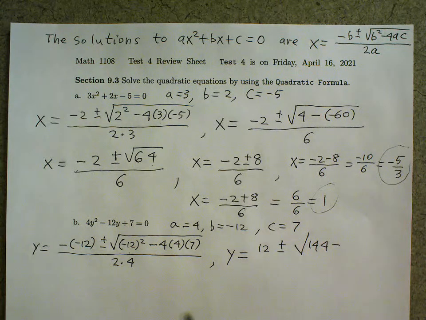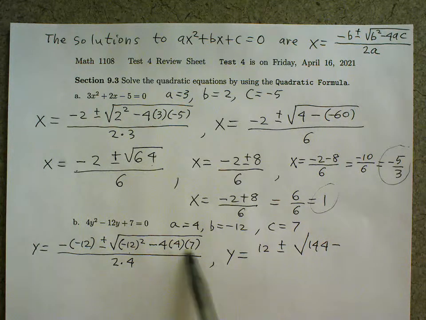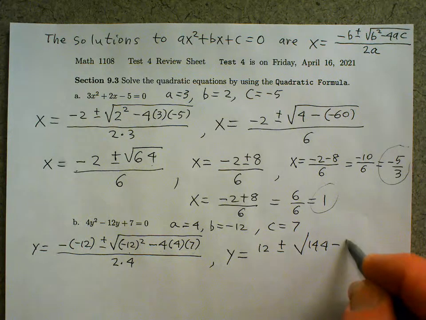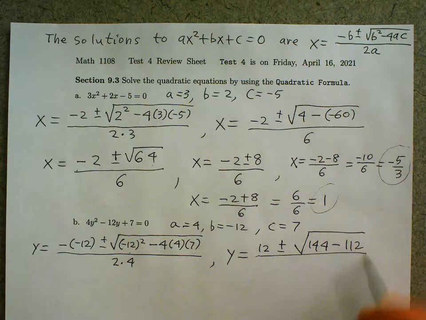And from it, we are subtracting 4 times 4 times 7. 16 times 7, sorry, that's 112. And then all divided by 8.